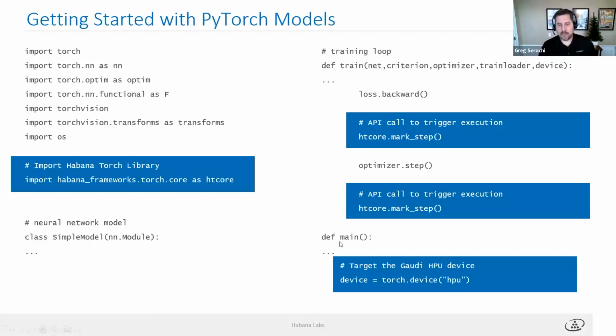Finally, in the main, we make sure that we're targeting the device to HPU, so that when we are running the model and executing the training or the test pass, all of that work is pushed to the HPU, pushed to Gaudi. Again, the details of this and some very simple examples also exist in our collateral and documentation.